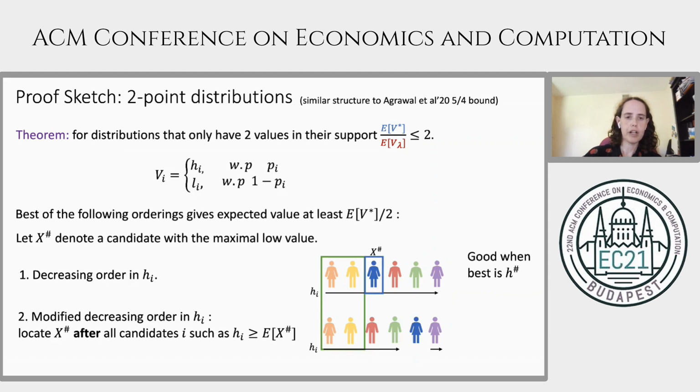If the value of the best candidate is H sharp, then it would be hired in the first ordering. And if the value of the best candidate is in the interval between the expectation of X sharp and H sharp, it will be hired in the second ordering. And because of this, we are able to show that the sum of expected values of the candidates hired in these 2 orderings is at least the expectation of V star, which would give us an approximation of 2.